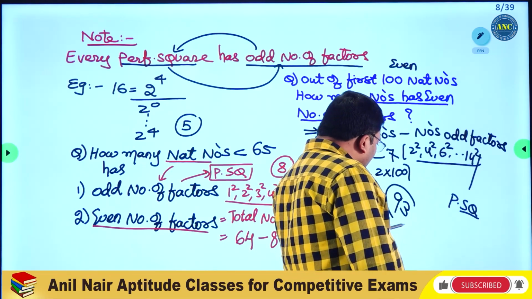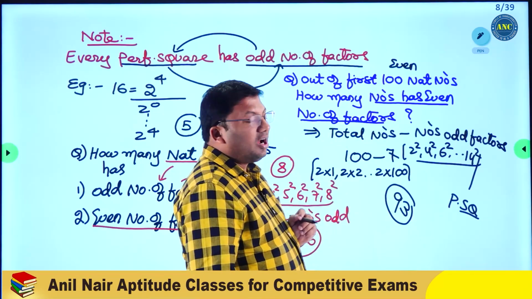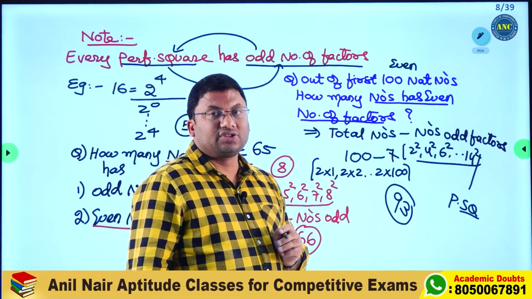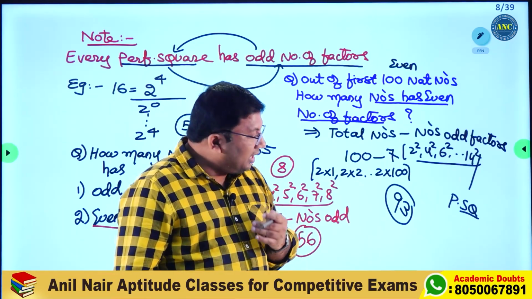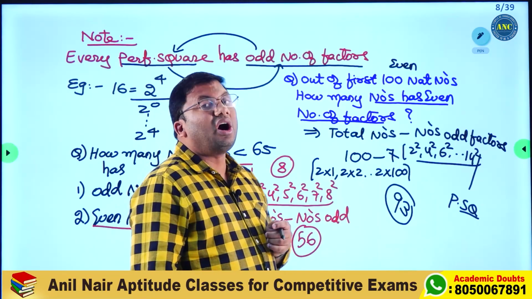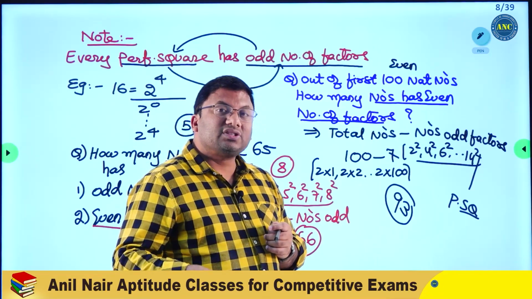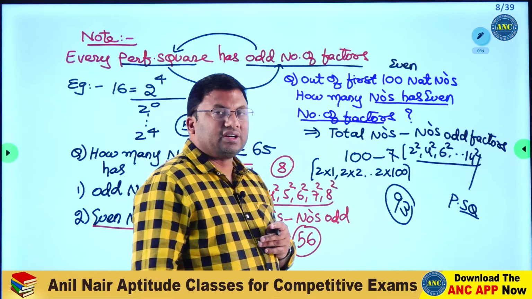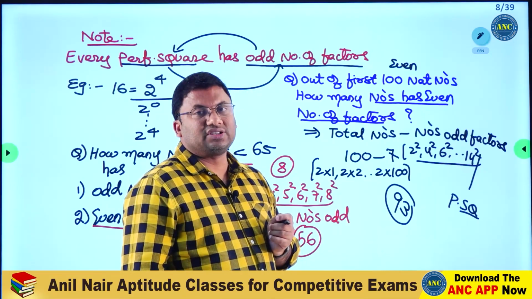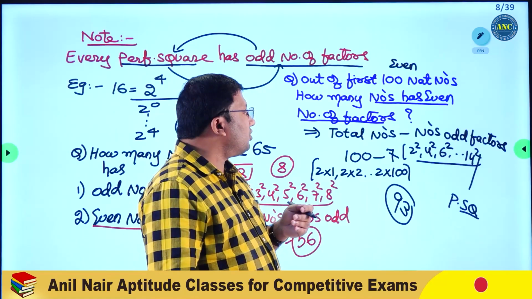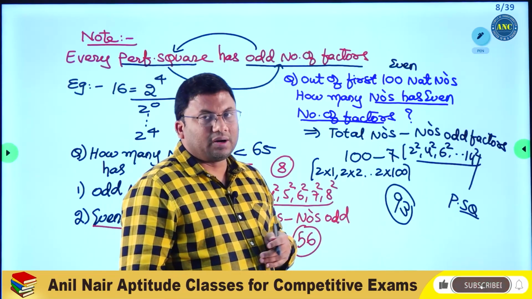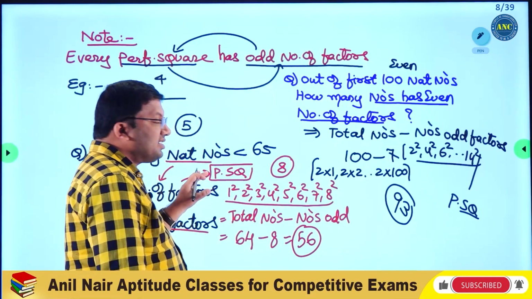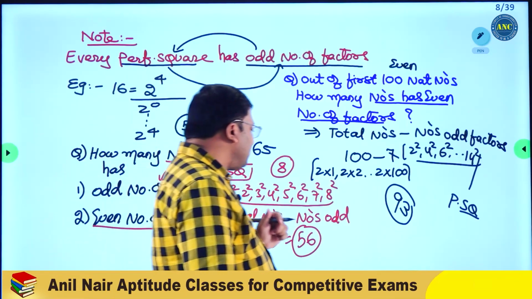Out of 100 even natural numbers, how many have an even number of factors? Total numbers minus numbers which have an odd number of factors, which are perfect squares, 2 square, 4 square, 6 square, up to 14 square. I hope this idea is very much clear to you.